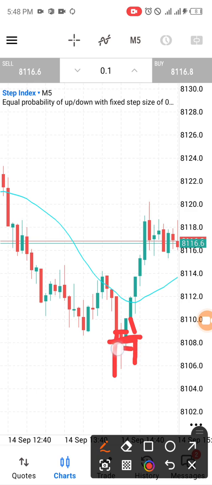Now, this rejection here is a very big rejection. If you look at this long wick here, it tells you of the buying pressure that is coming. You can see that the buying pressure from here to this point is very huge, and once this candle closed on the red, what happened next?